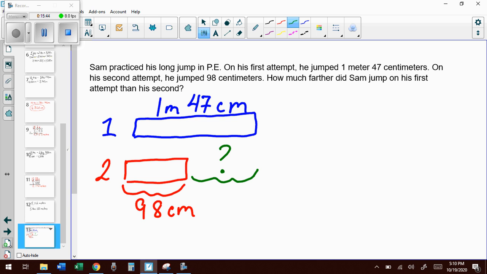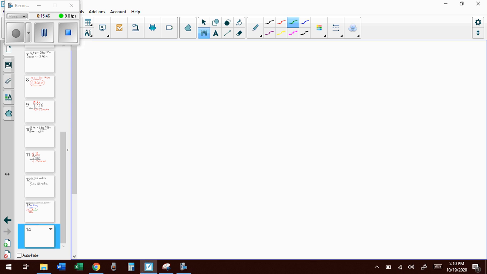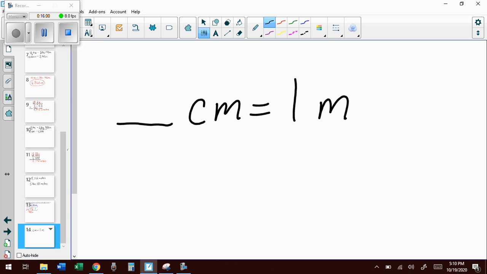First, how many centimeters go into 1 meter? How many centimeters equal 1 meter? If you said 100, you are correct.